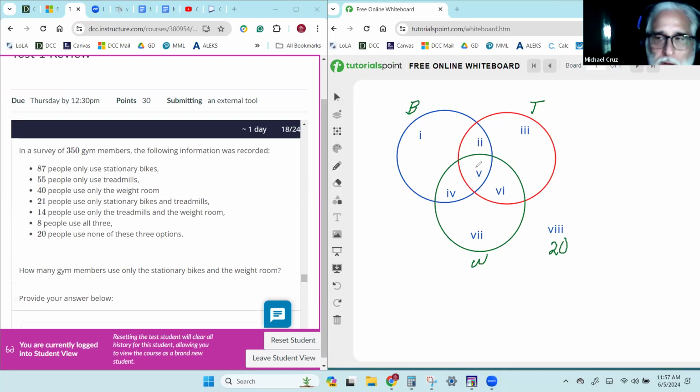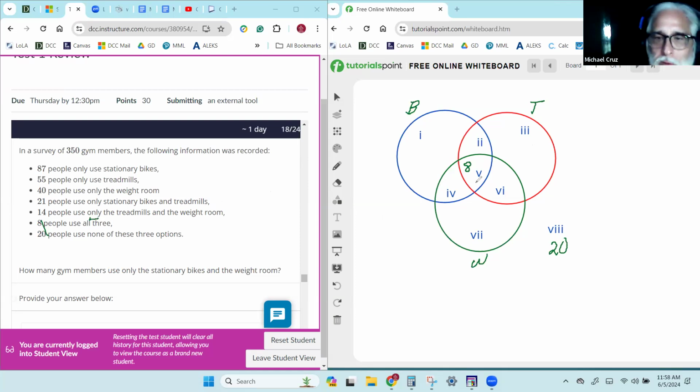8 use all 3. Is that the all 3? That's all 3. So we got those done. 14 people use only treadmill and weight room.